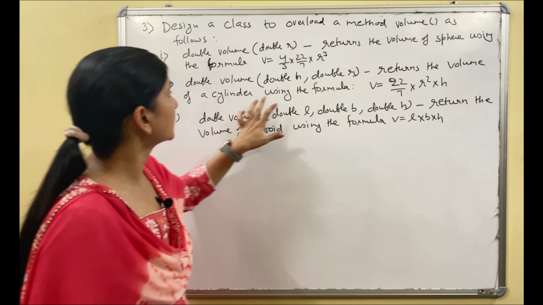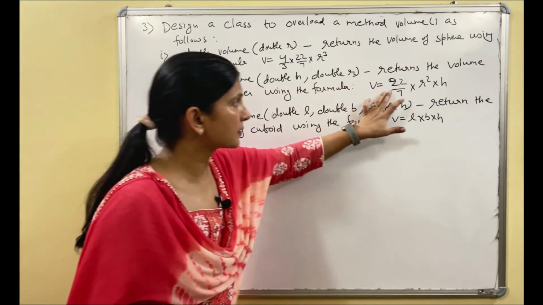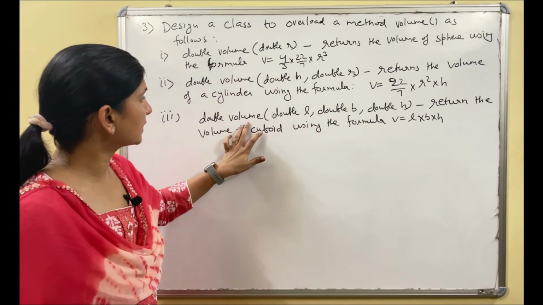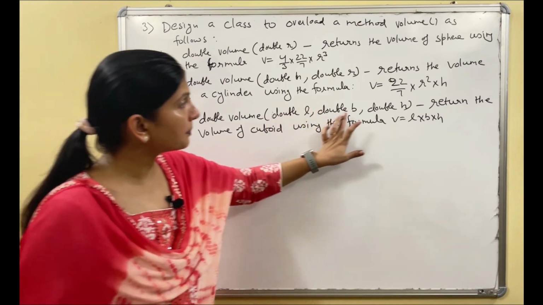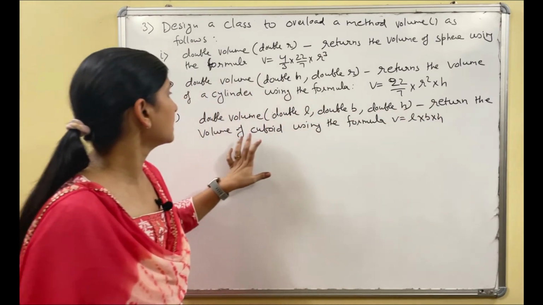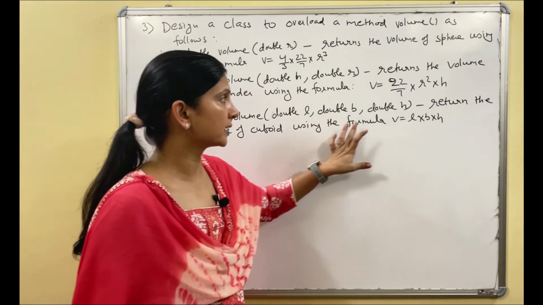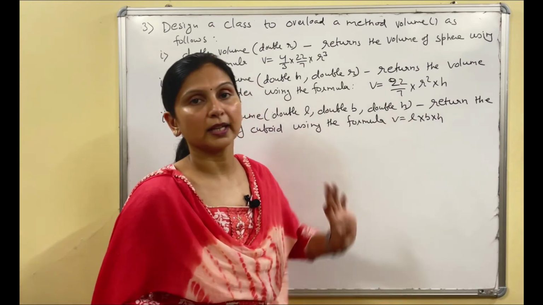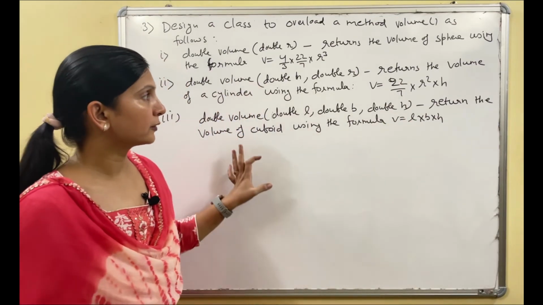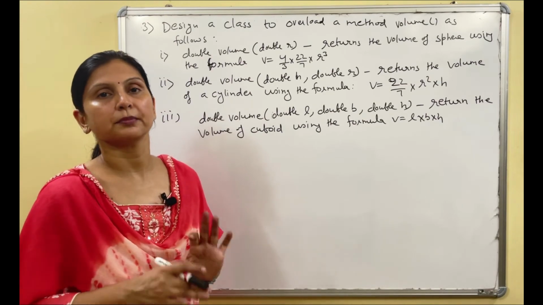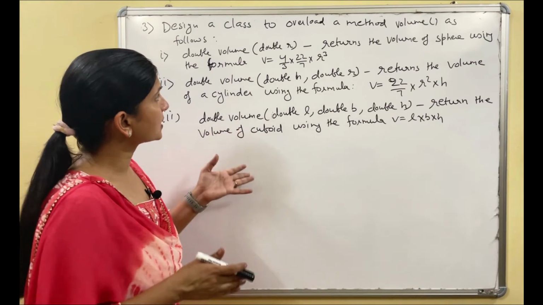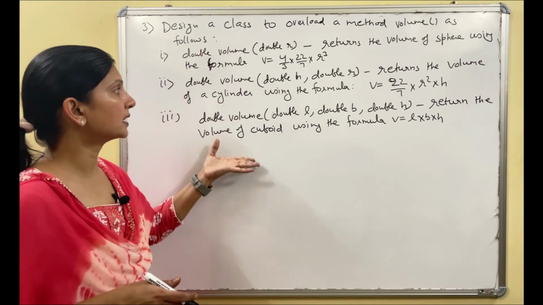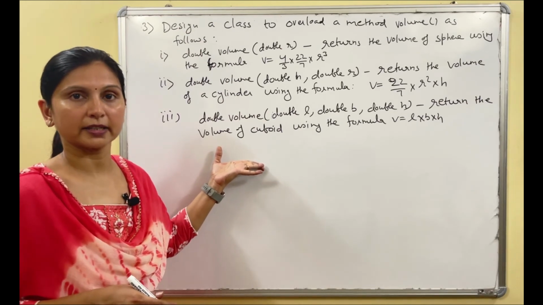It will return the volume of a cylinder using this formula. The third function, volume with 3 parameters, returns the volume of a cuboid using the formula L into B into H. So if you have noticed, in most of the questions the main method is not asked. You simply need to design a class with the functions given, right?